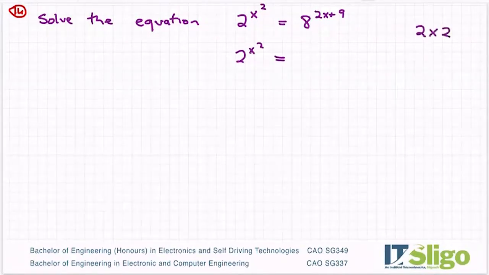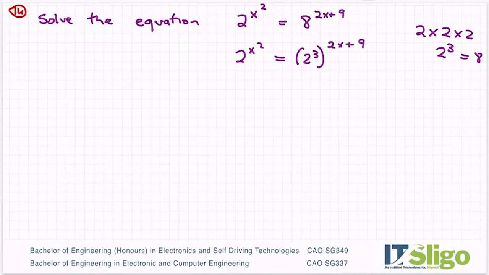Because 2 by 2 by 2, 2 2s are 4, 4 2s are 8, or 2 to the power of 3 is 8. So I could rewrite 8 as 2 to the power of 3, and leave the power alone. What did I do there? Nothing much. I just rewrote 8 using a base number of 2.